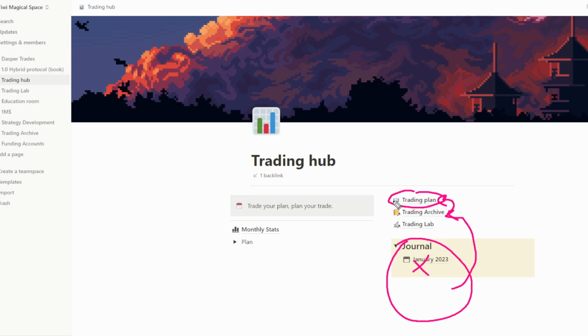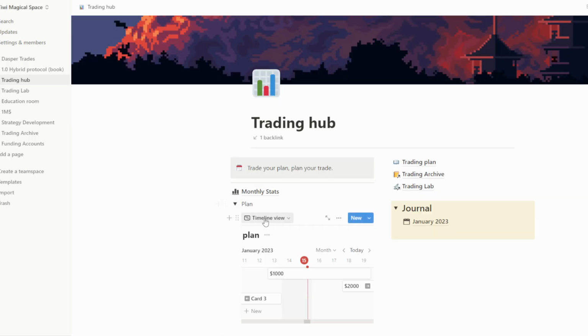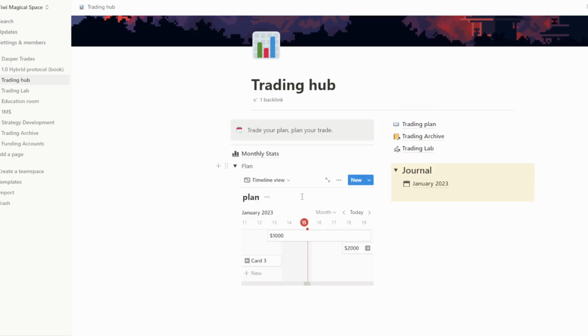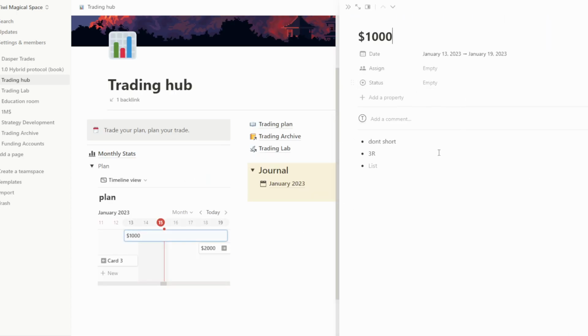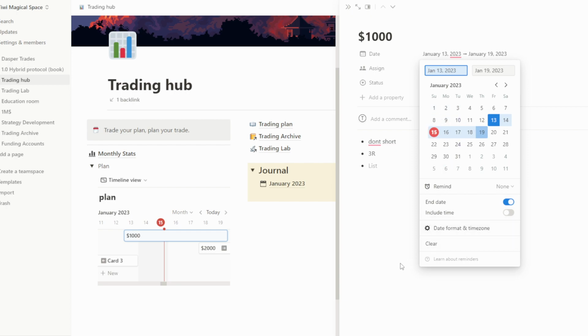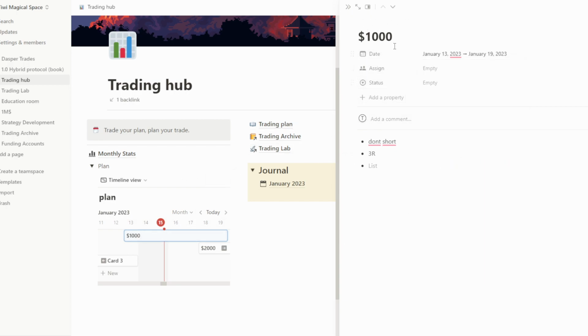If something can improve based on my journal, I create a new trading plan. Once the trading plan is done, I move it right here to this nice timeline feature. What this allows you is to set some specific goals and put deadlines on them, and this is just an example.